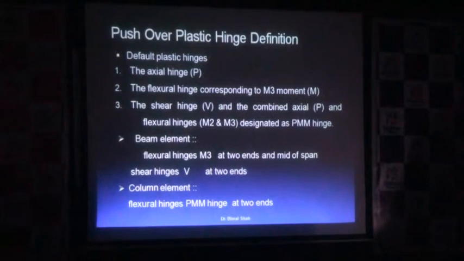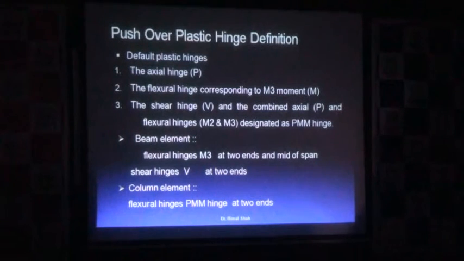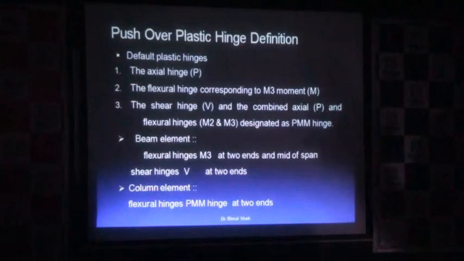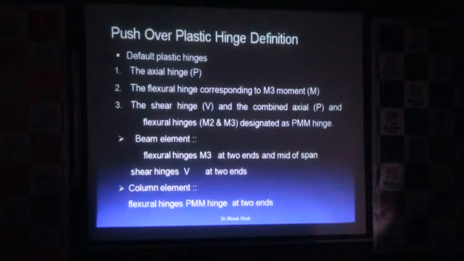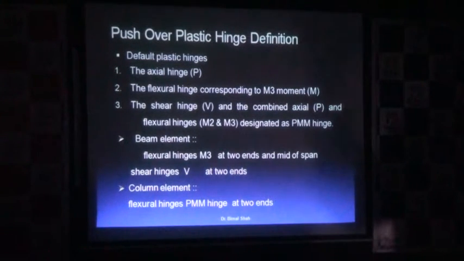They were used as the action hinges, the flexural hinges corresponding to your bending moments, and then you have shear hinges at the two ends of the beam. So beam elements were given flexural hinges at the two ends and midspan.